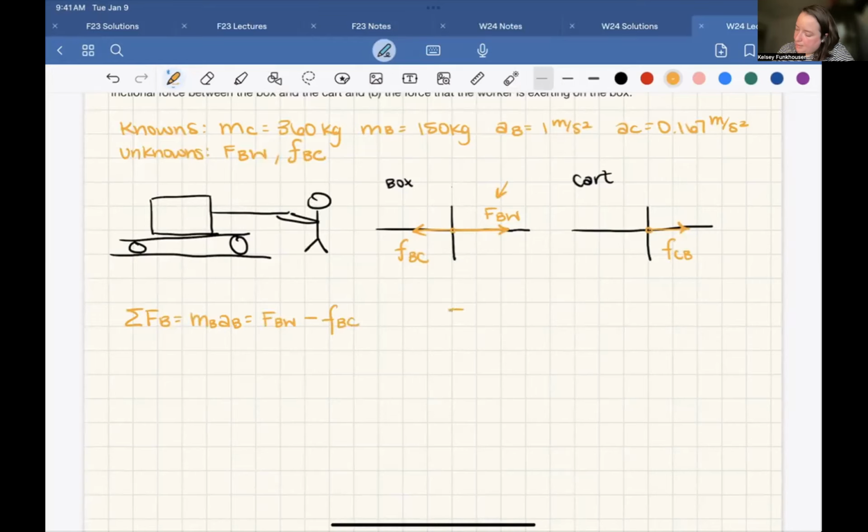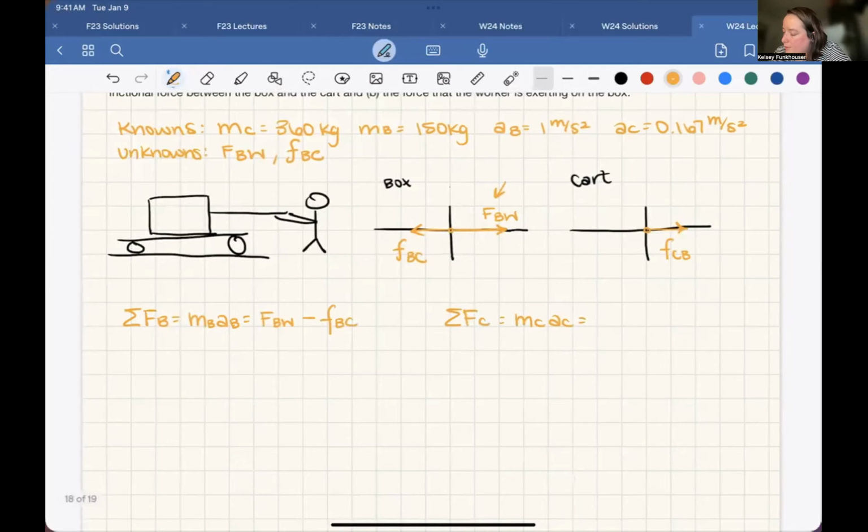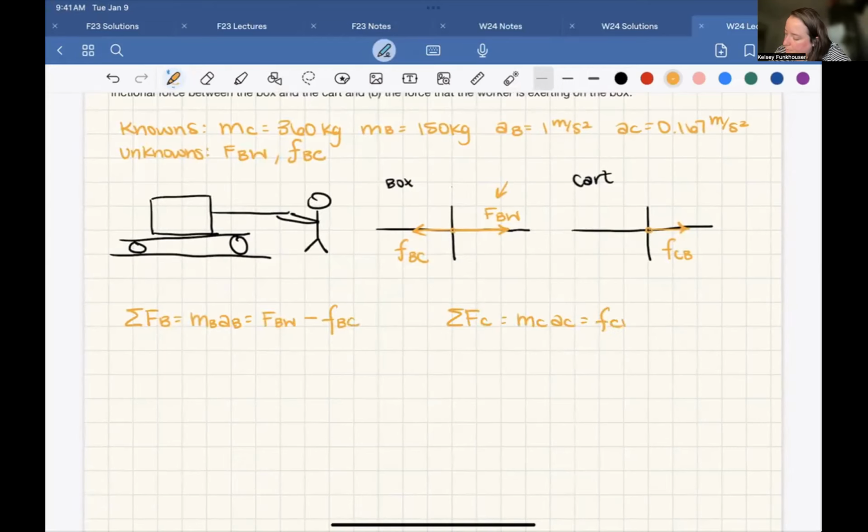And we do the same thing for the cart, mass of the cart, acceleration of the cart, but it only has the one force, the friction force. Okay, cool. So we want to find both of the forces.